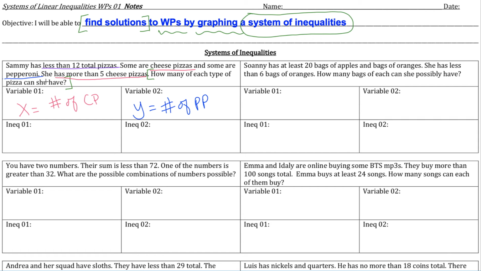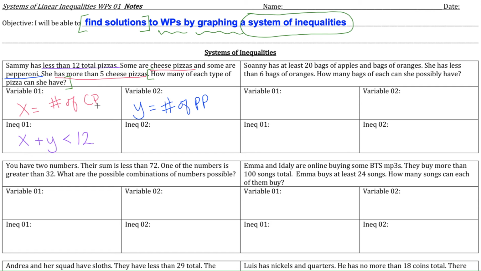It says right here that Sammy has less than 12 total pizzas. So we know if we combine the number of cheese pizzas with the number of pepperoni pizzas, it will be less than 12 total. Not too bad. It says she has more than 5 cheese pizzas.